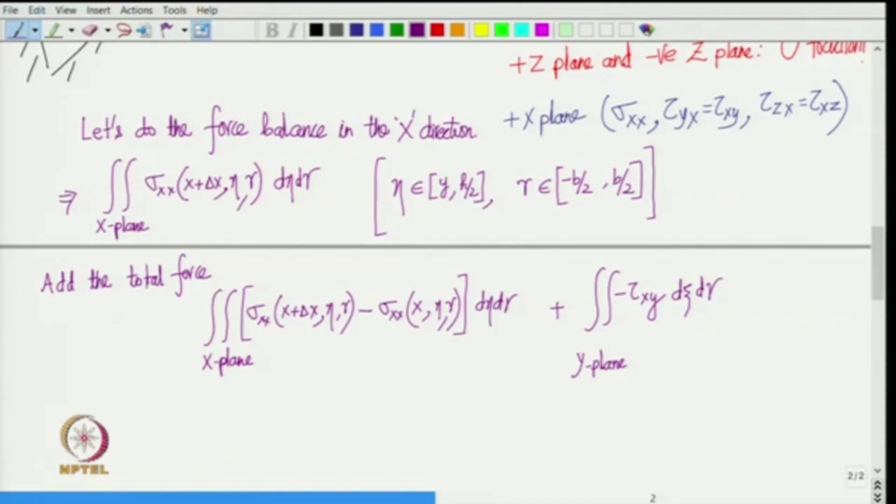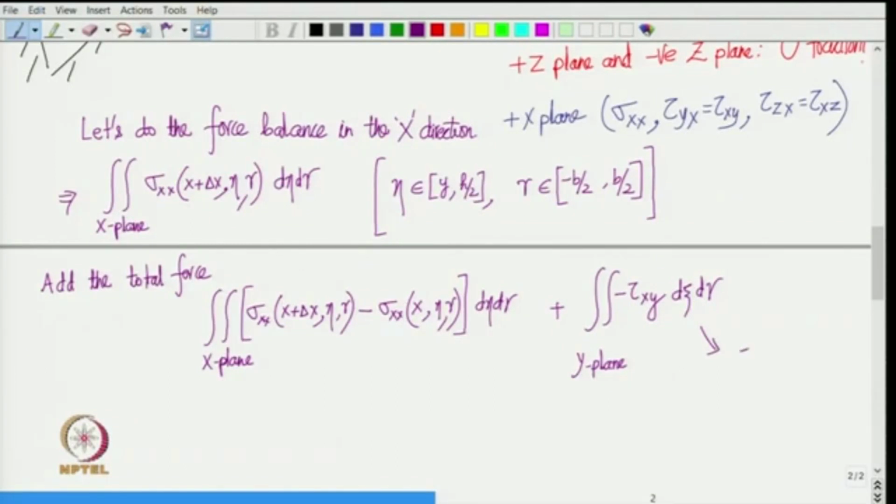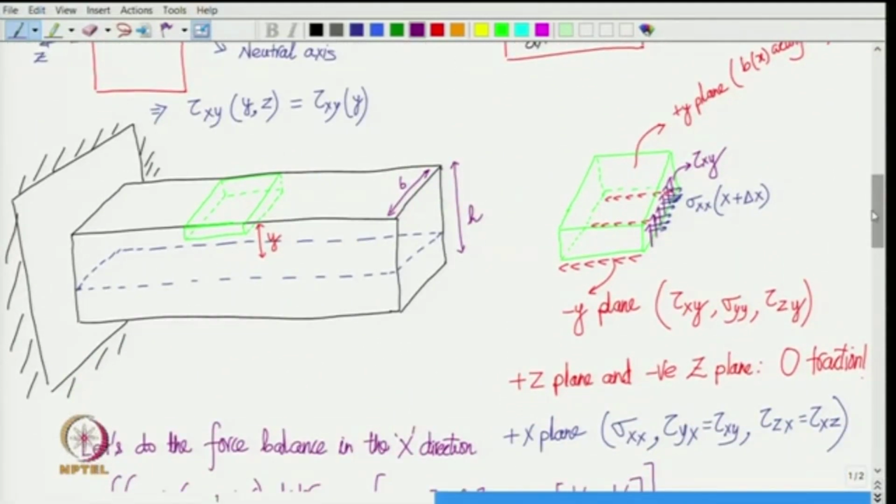So, zeta, for example, the x coordinate, it varies from x to x plus delta x, right. So, for this one, zeta is an element of x to x plus delta x. And what about gamma? So, gamma is the z coordinate, right. So, look at the picture here, the gamma goes from minus b by 2 to b by 2, is not it, the z coordinate.